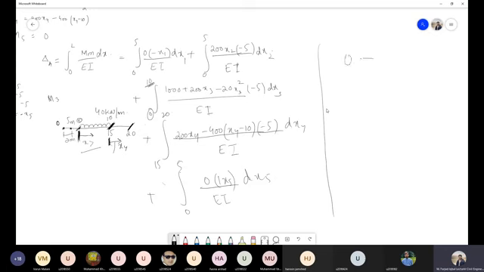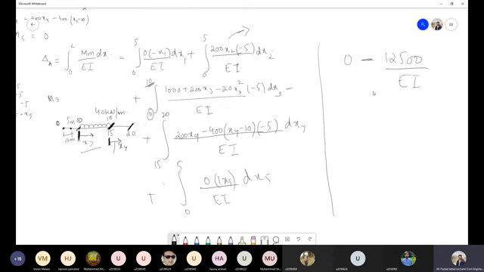This will be 0. What will be this one? You can use your calculators. 12,500. So this one is 12,500 over EI, with the negative sign.